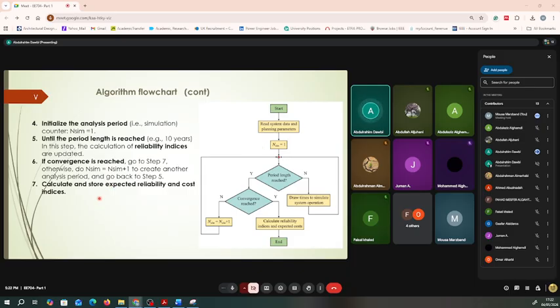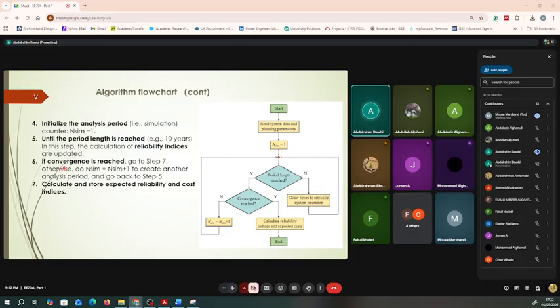And then go until the period length is reached. For example, if we have to apply this analysis during 10 years. And in this step, the calculation of reliability indices are updated. If it is no, draw times to simulate system operation, and then we go back.